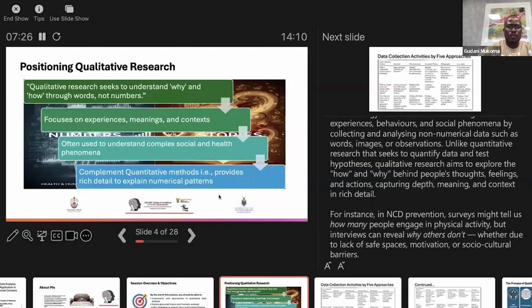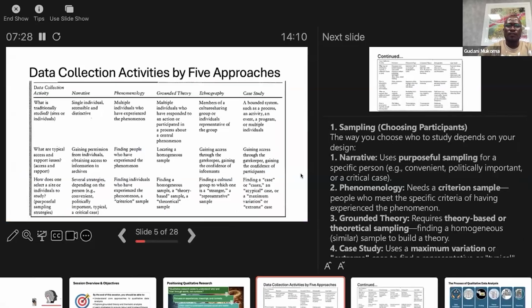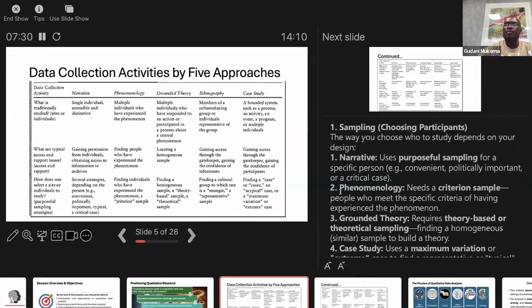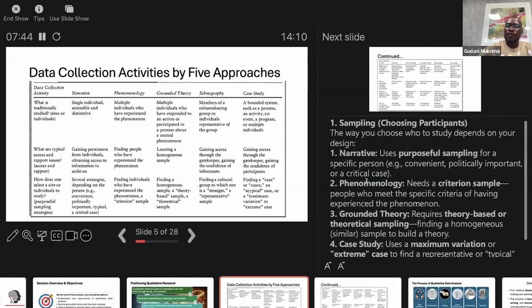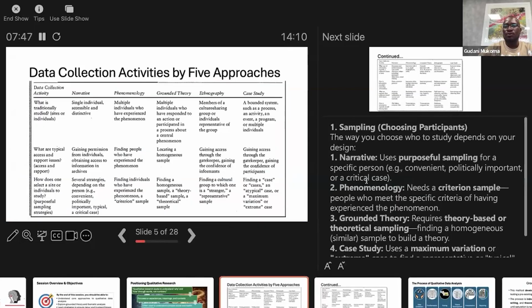So there are various ways of knowing, the sampling for your qualitative research that we've touched on as well. And this is just a recap. And I've mentioned that choosing your participants mainly depends on your design.